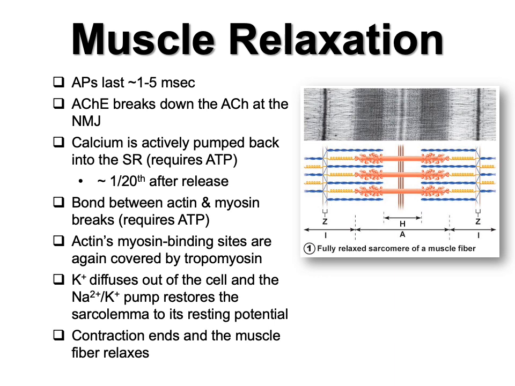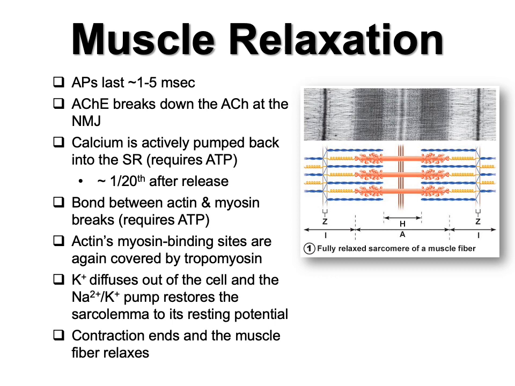And when you hear the word active pump, you know it's going to require ATP energy. This pumping of the calcium back into the sarcoplasmic reticulum will start about 1/20th of a second after the release of the calcium, so that's about 3 milliseconds later. The bond between the actin and myosin cross bridge will break, and that also requires ATP.